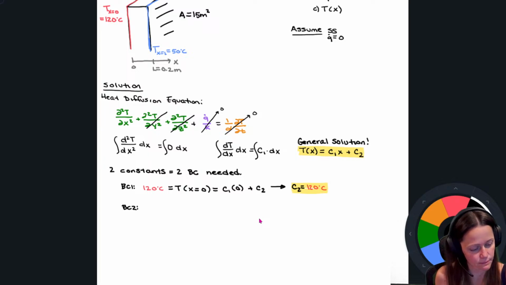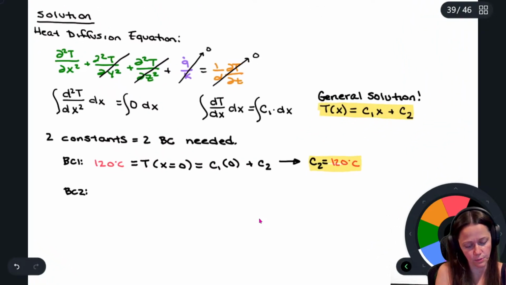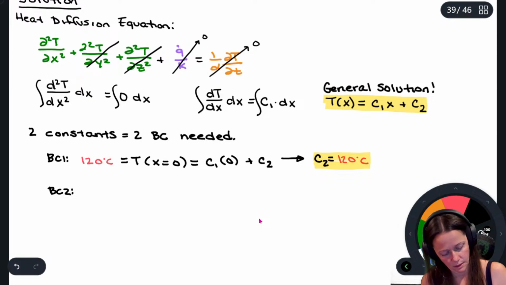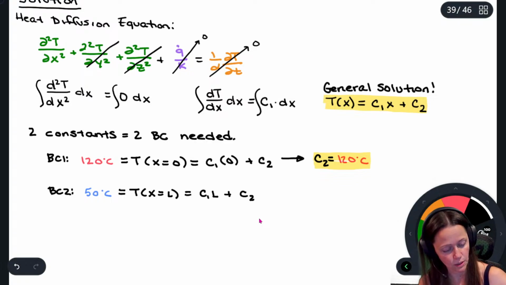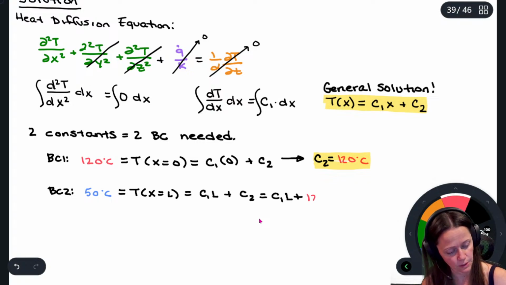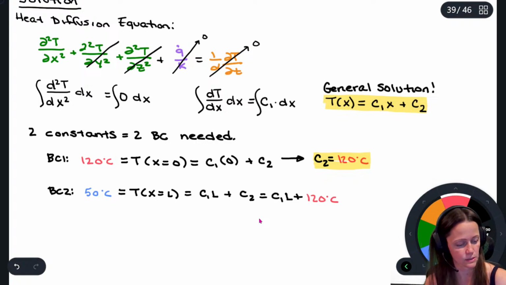So, all right, then we've got the other one, x equals L. That's 50 degrees. So x equals L, and that's going to be C1 L plus, I already figured out what C2 is, 120 degrees Celsius.